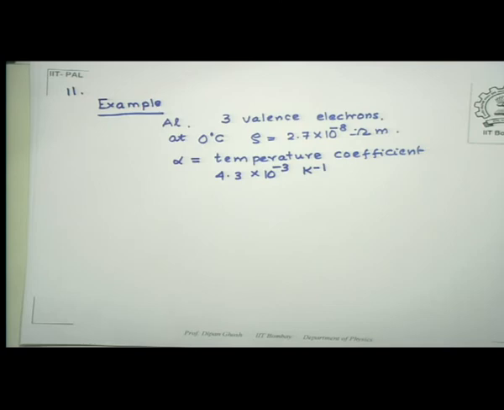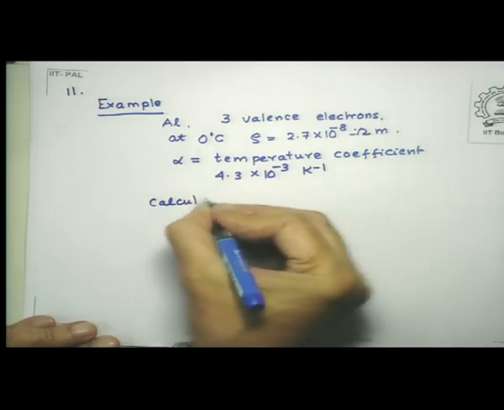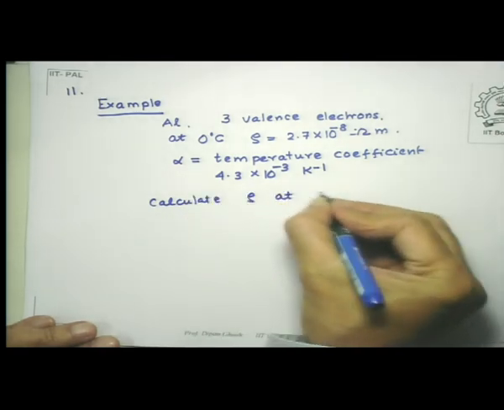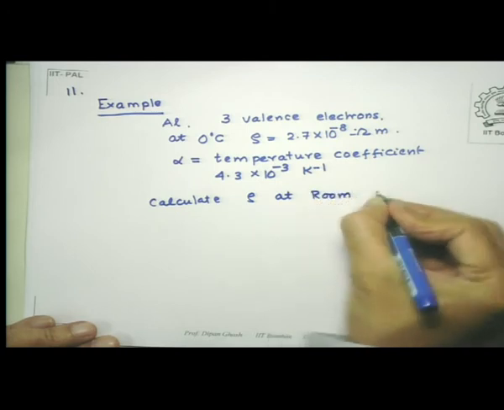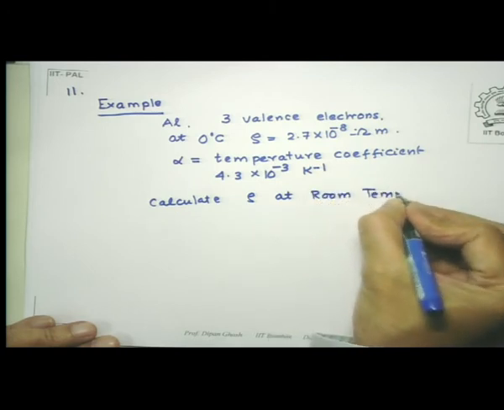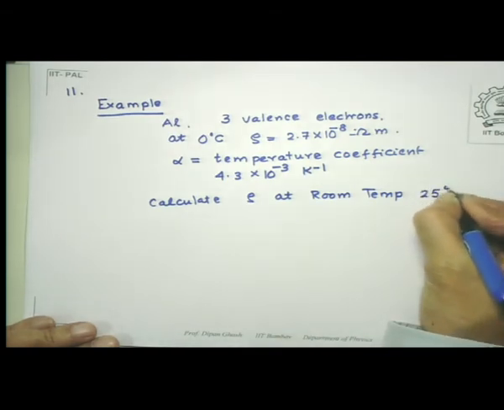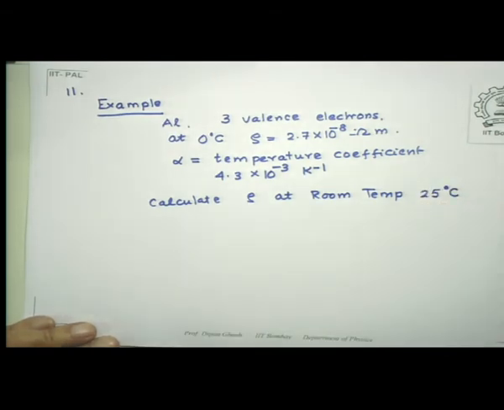A 1 degree Kelvin difference is also a 1 degree centigrade difference. So the first thing that we do is calculate the resistivity at room temperature. Let me take the room temperature, this is winter season, to be, let's say, 25 degrees centigrade. I told you anything you can take as a reference.